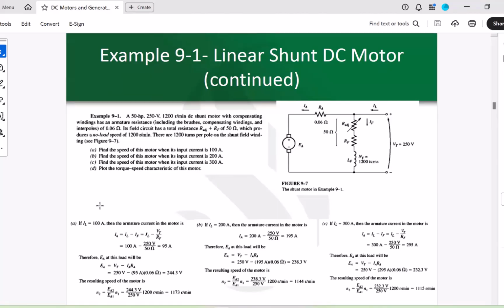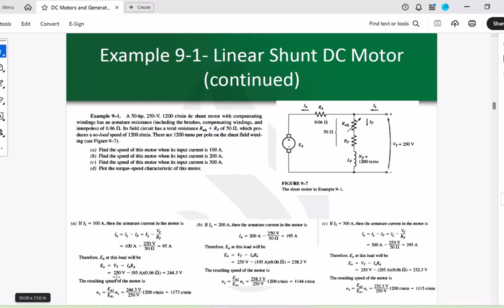In the first part of the problem, we had IL equal to 100 amps. So IA would be IL minus IF, and IF would be VT over RF. So IA would be 95 amps. If there is 100 amps drawn by the motor, 95 amps goes to the armature, through which you can find EA.